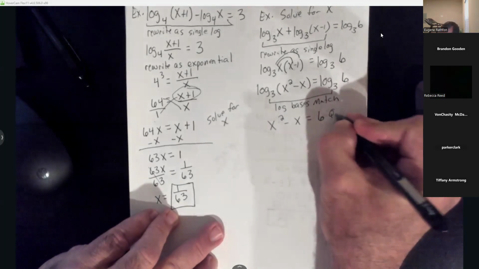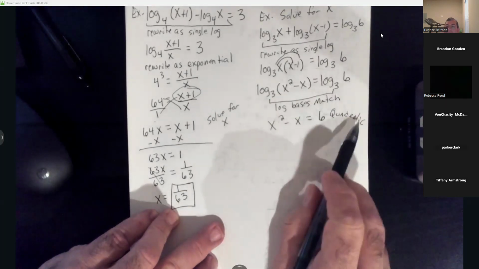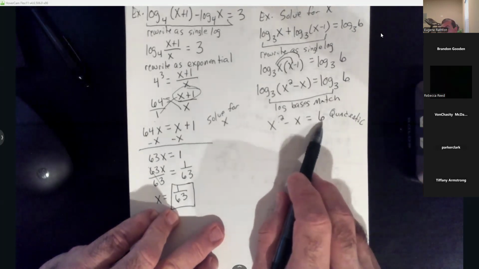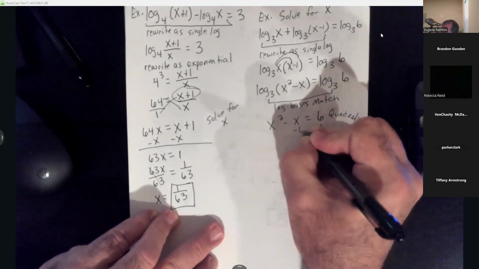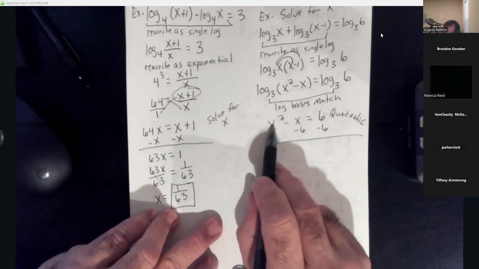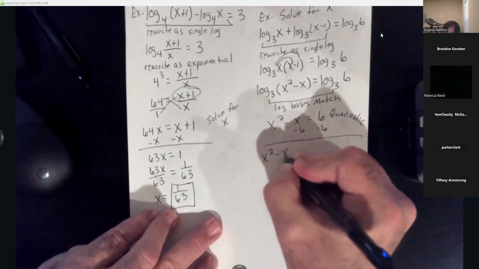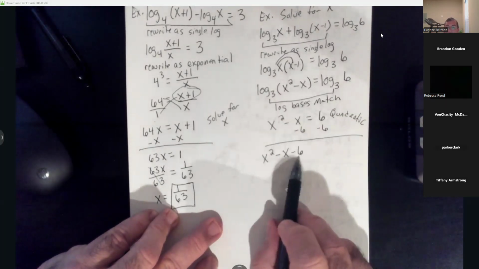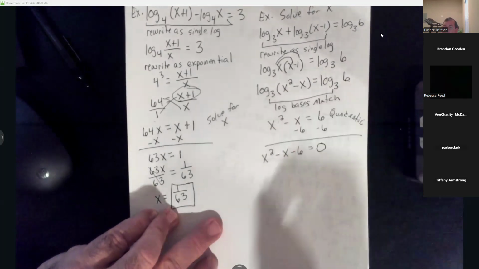This thing is quadratic. Since it's quadratic, we need a 0 here. We're going to subtract 6 from both sides. So this will give me an x squared minus x minus 6. None of these are like terms, so just put them in order. And that'll equal the right side, which is now a 0.